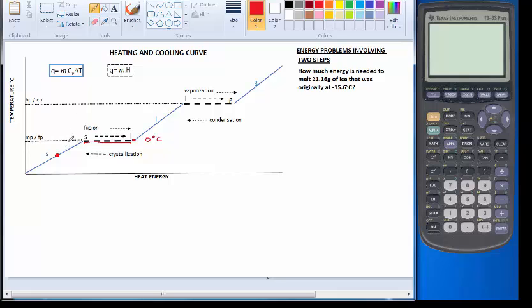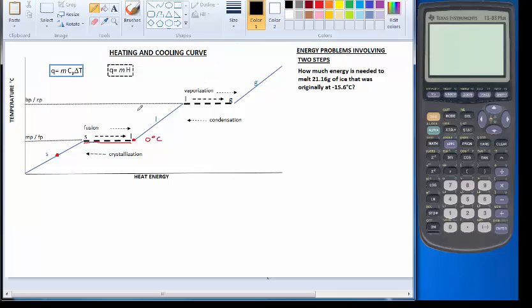And to change our temperature, we're going to be using the equation Q is equal to mCp delta T. Our second step is going to be involving changing our state of matter from a solid to a liquid in a process called fusion. And the equation that we're going to be using to change state is Q is equal to mH.